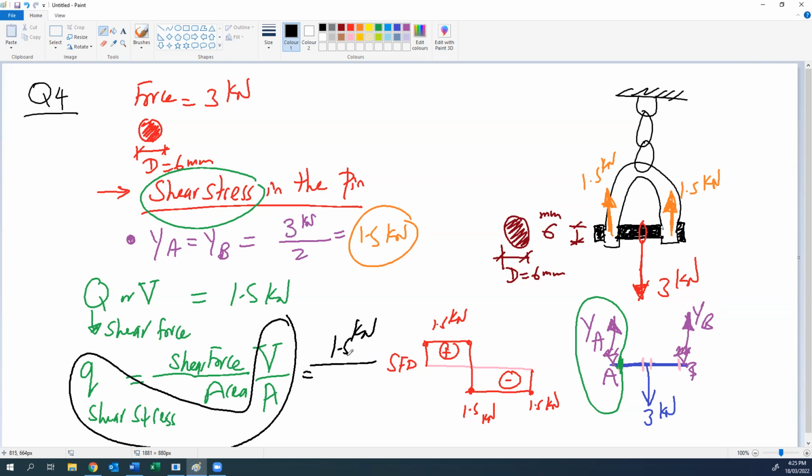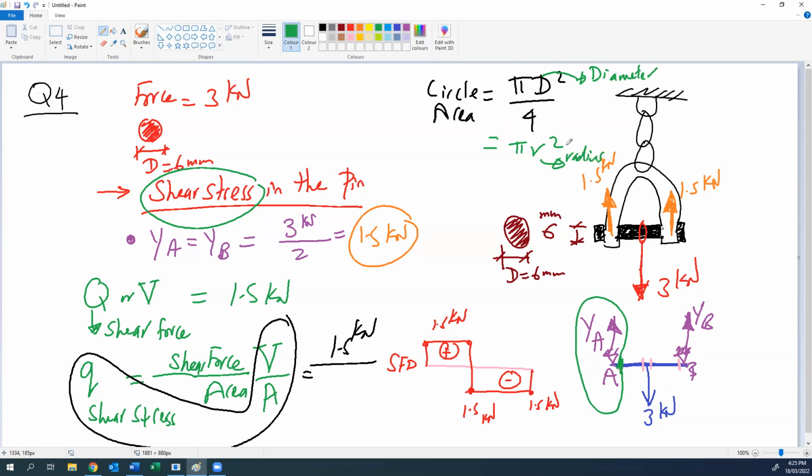Divided by the area. What is the area of this pin? The area is the area of a circle. The circle area is pi D squared divided by 4, where D is the diameter, or pi R squared if R is the radius.